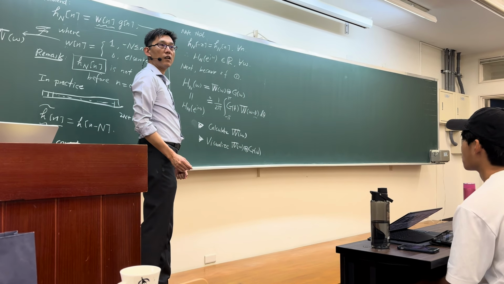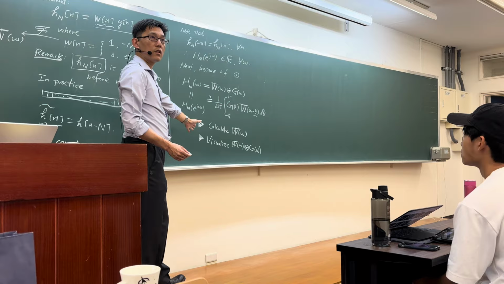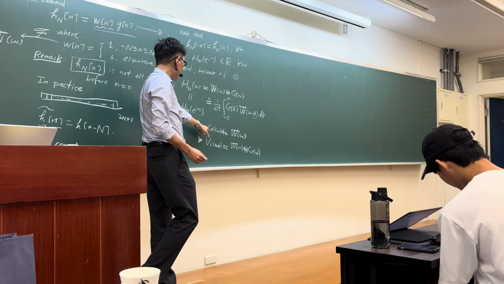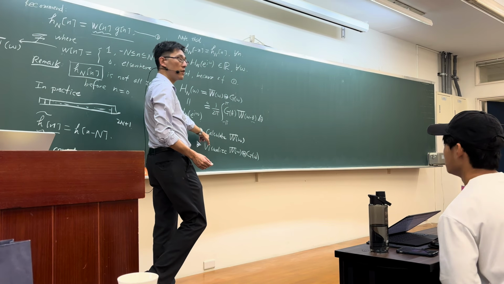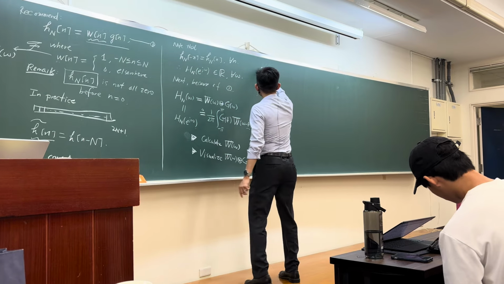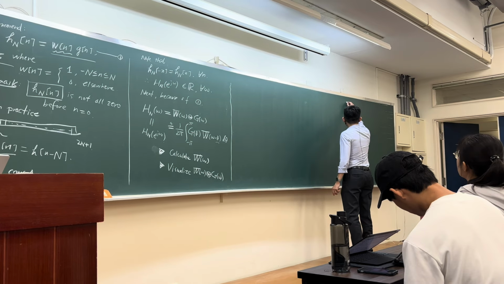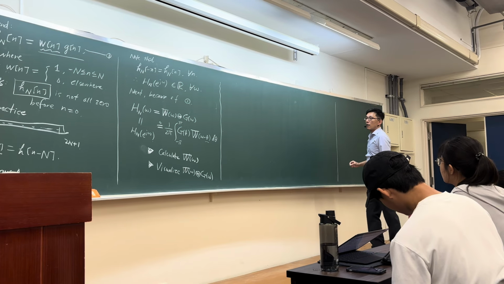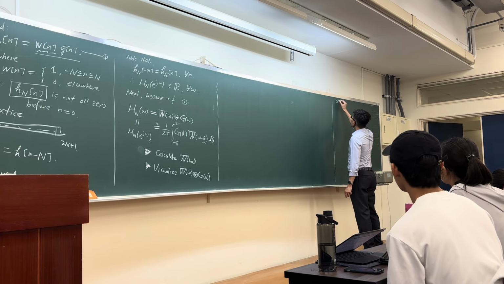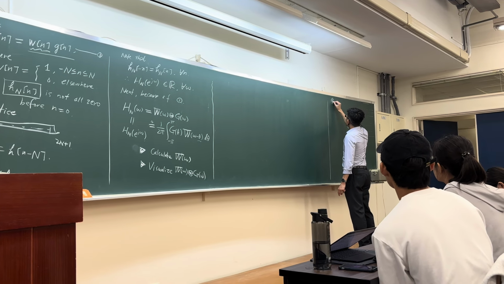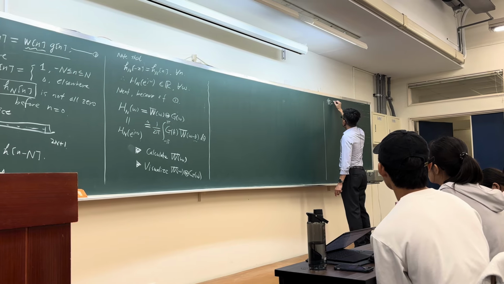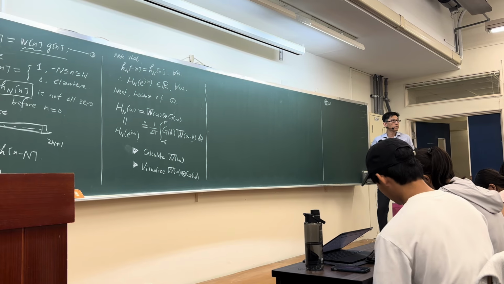So far so good? Now, shall we proceed to work out which? I think we can work out the first one first. I probably need this much space. So let's calculate big W of ω, the Fourier transform of the window.